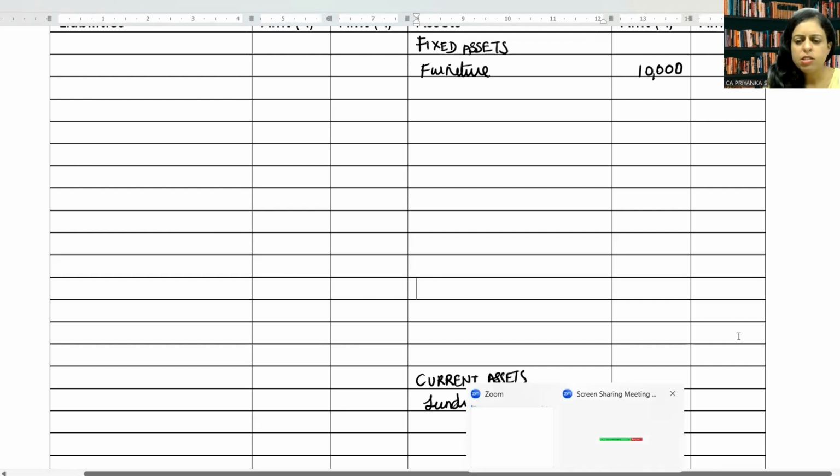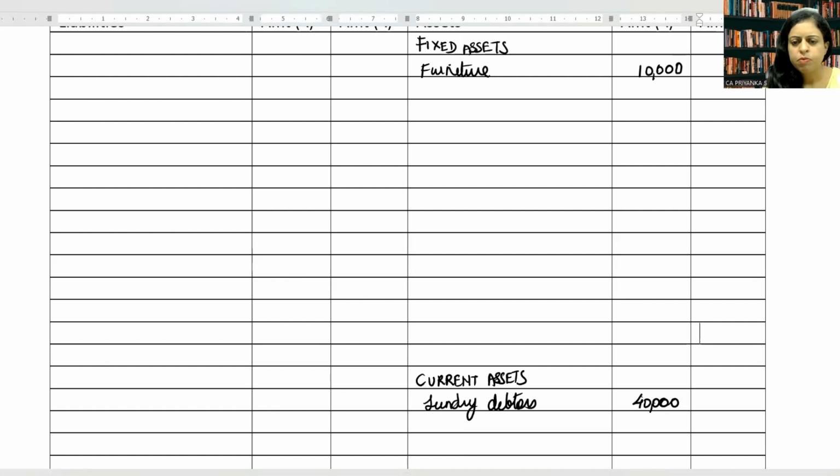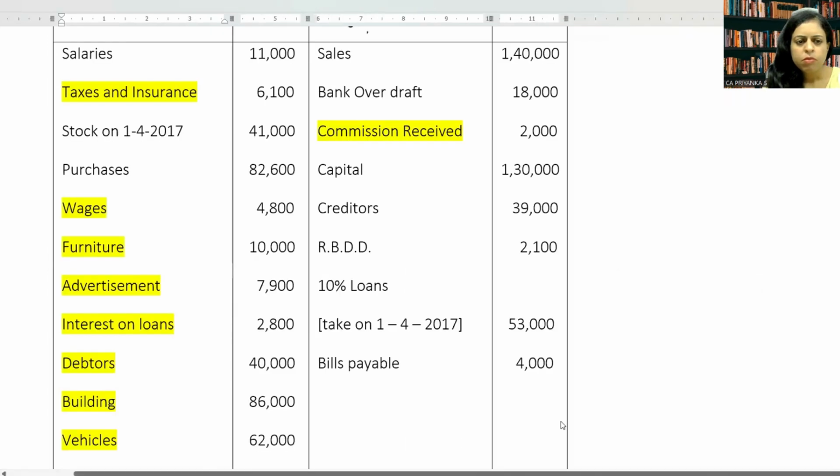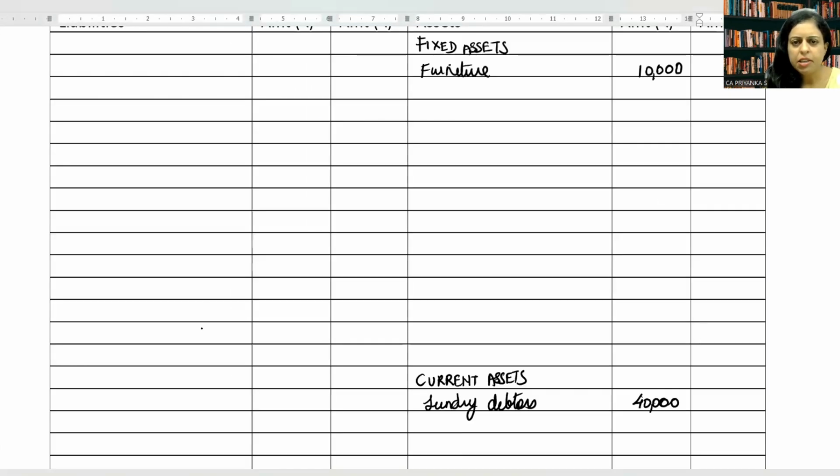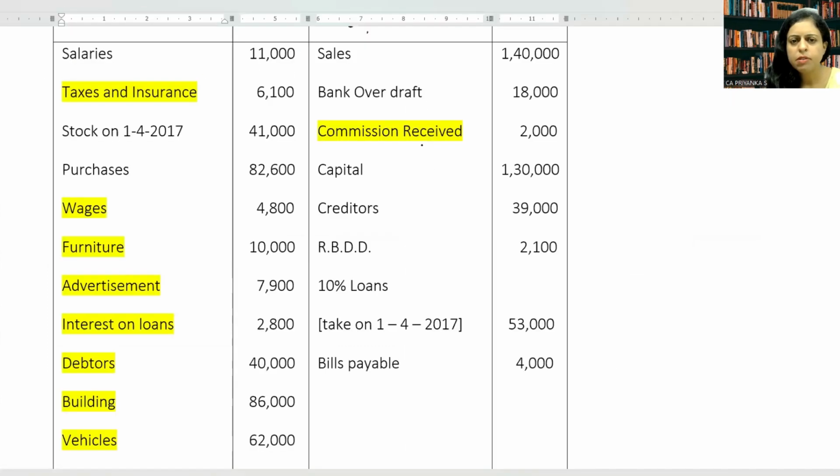All right. Next one is building. Building is a fixed asset, 86,000. I go to the balance sheet, fixed assets, building. How much is the amount of building?